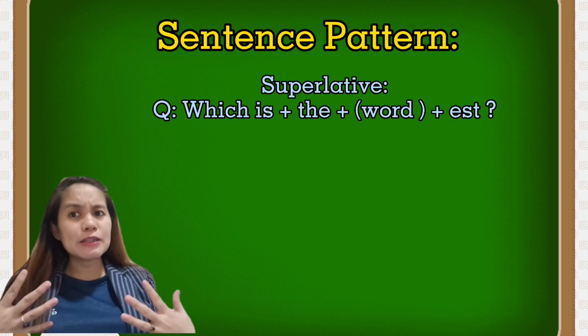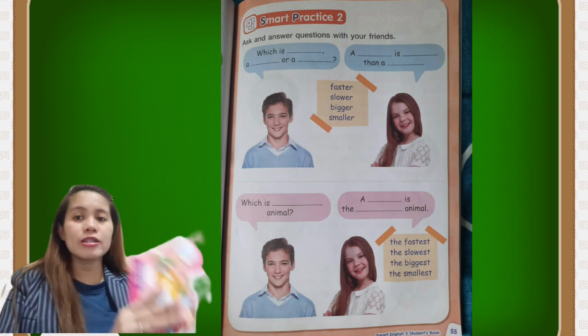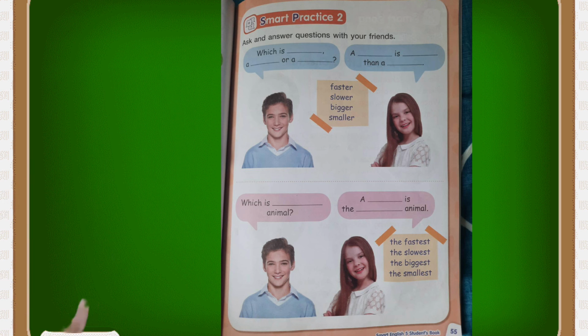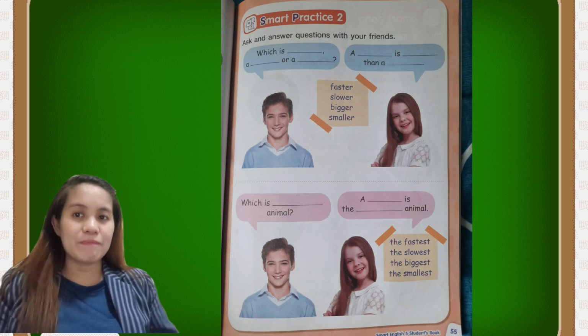So it's really quite easy. Now, did you understand the question and answer? I want you to answer your book on page 55. This is your Smart English book, page 55.